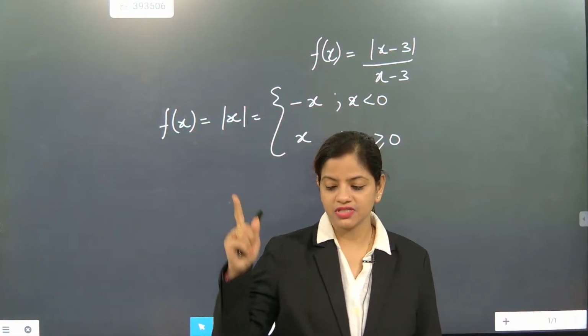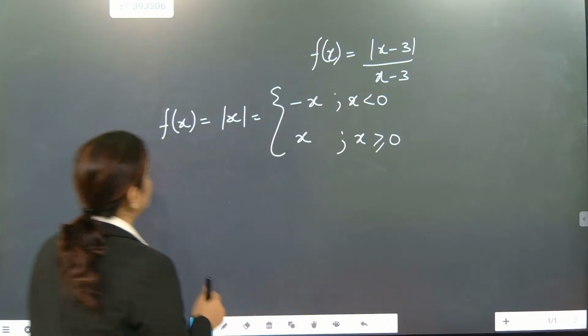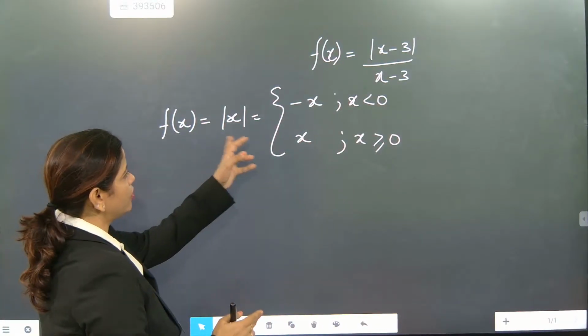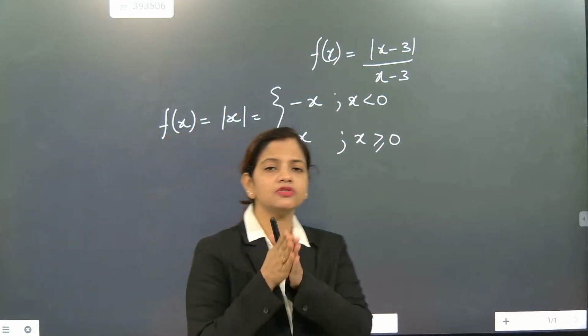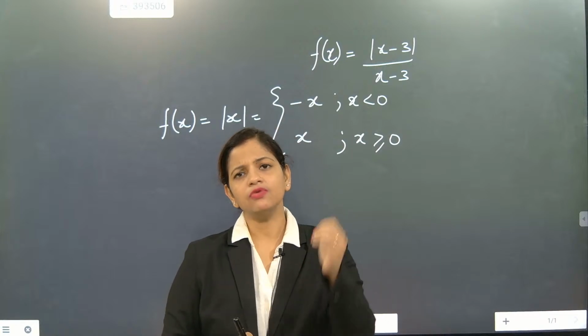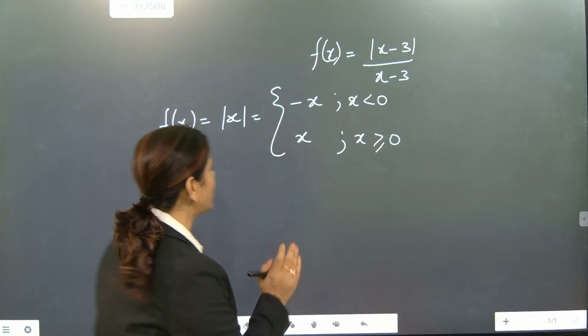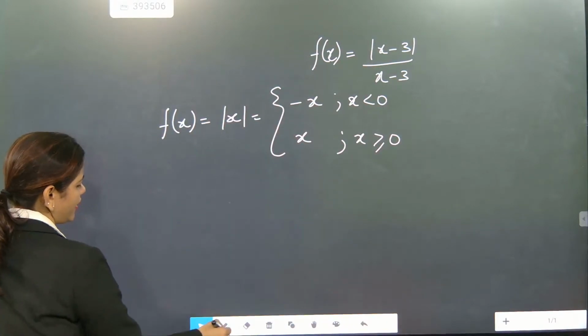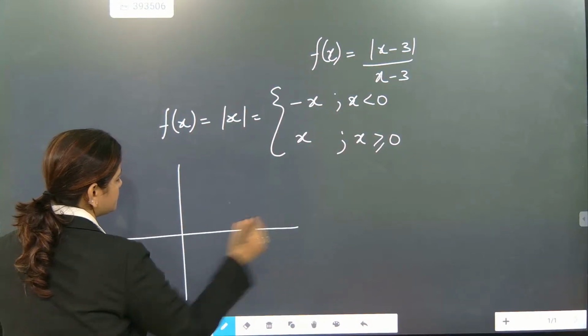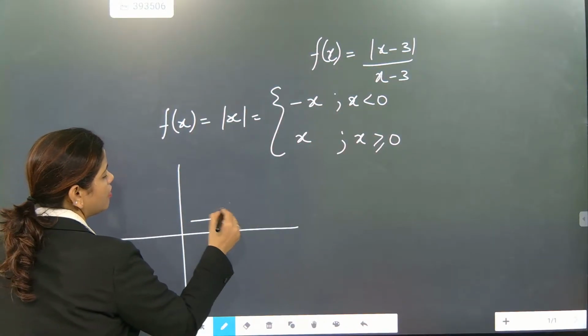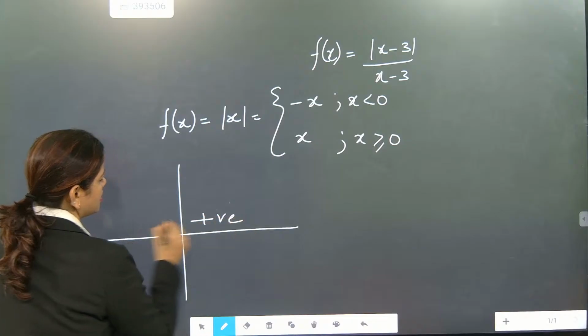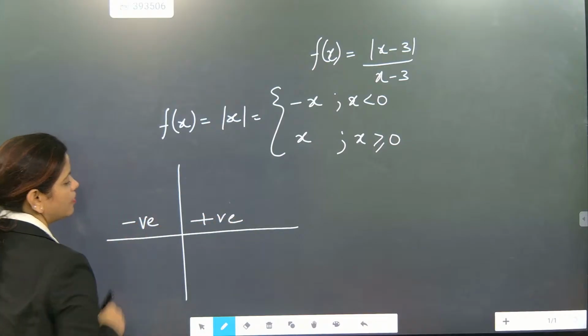If someone is writing modulus of x, the value of x can be what? In a line, x will have two values. This side all positive values of x and this side all negative values of x.